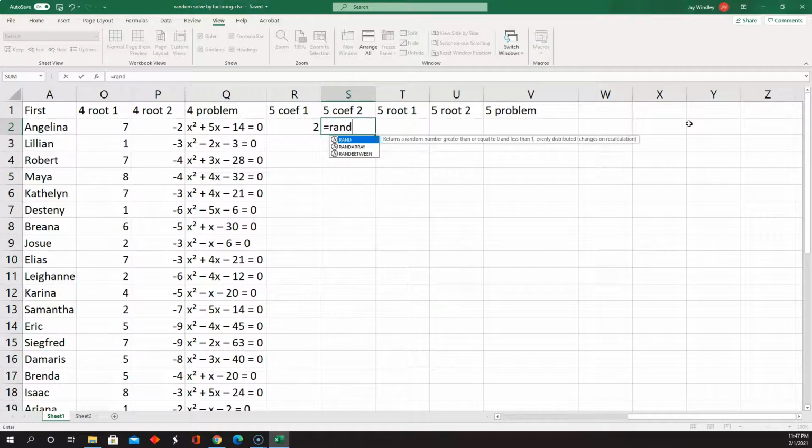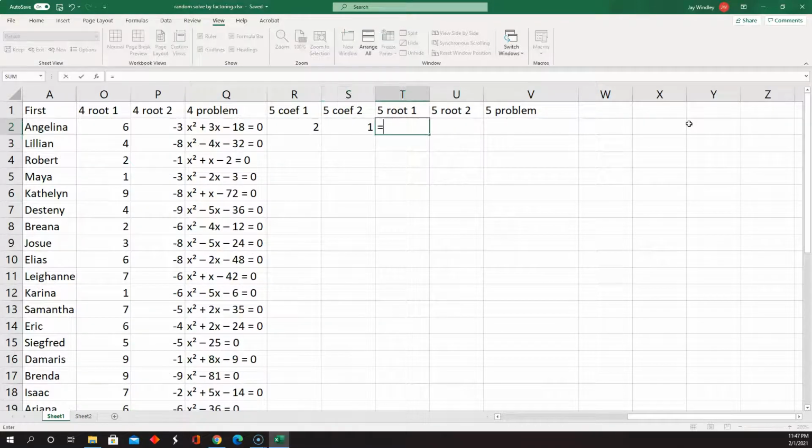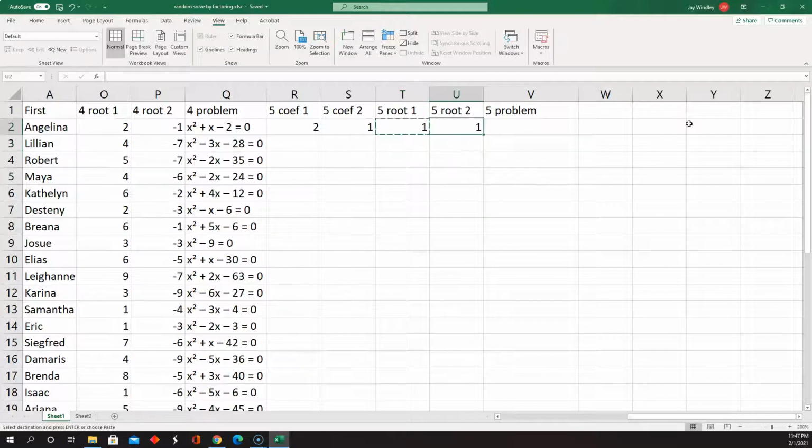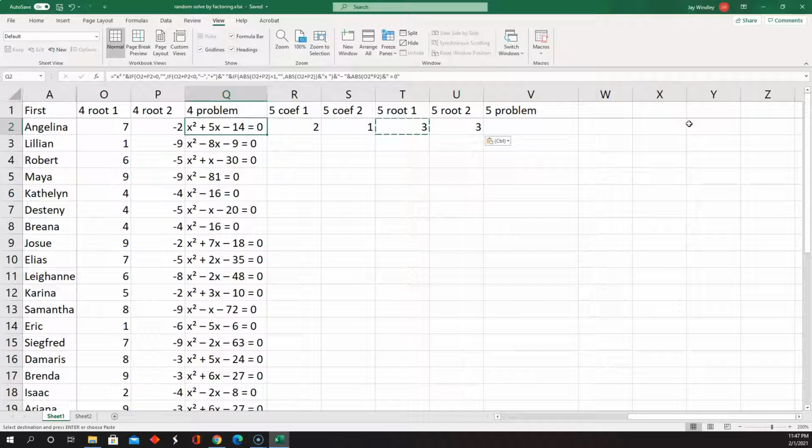And here I'm going to write a rand between statement, but this coefficient is always going to be 1 for now. I'm going to change that up in a little bit. This can still be any number from 1 to 9 for now. And this can be any number from 1 to 9.